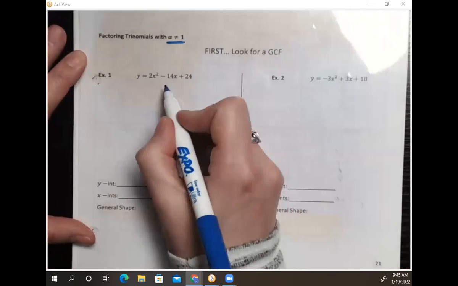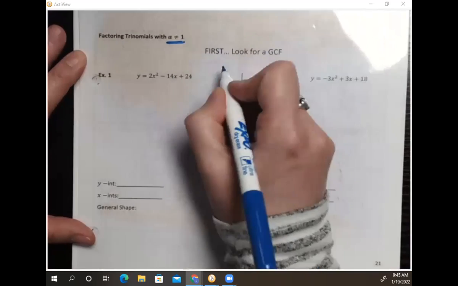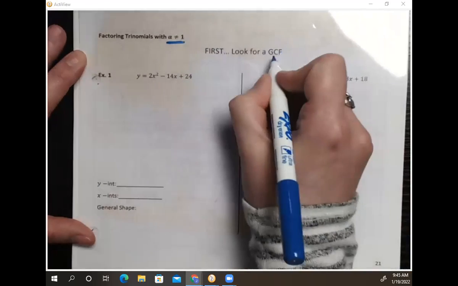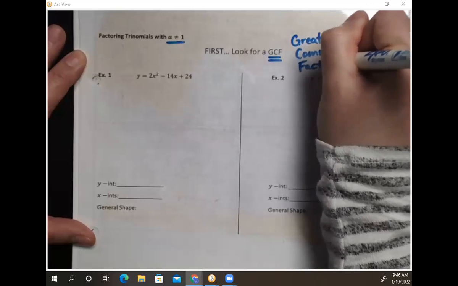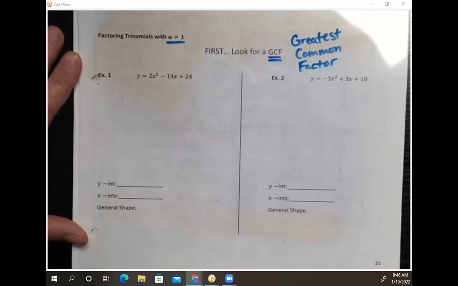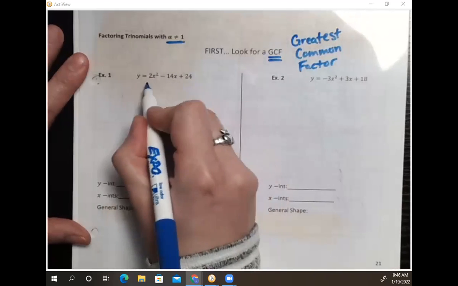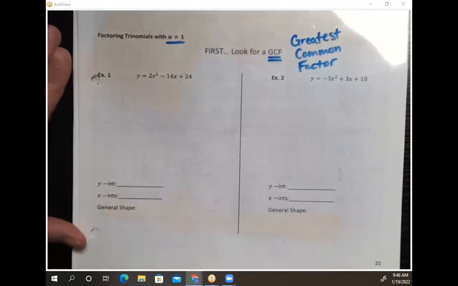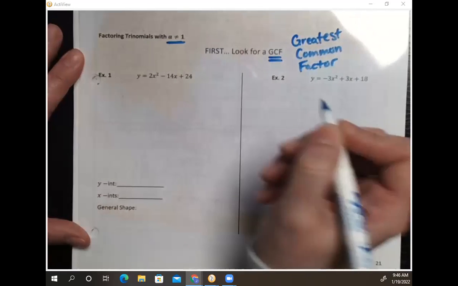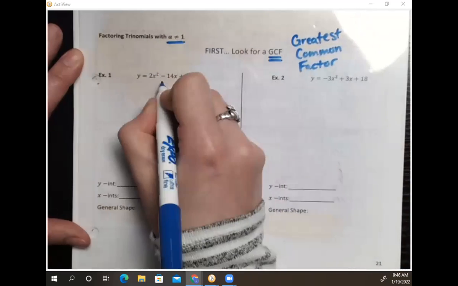For our first couple of examples, the first type of problem that we're going to look at is if we have what's called a GCF. GCF stands for greatest common factor. That means that there is something in common with all of the terms in my quadratic. If we look at example 1, my a value, my lead coefficient, is 2.